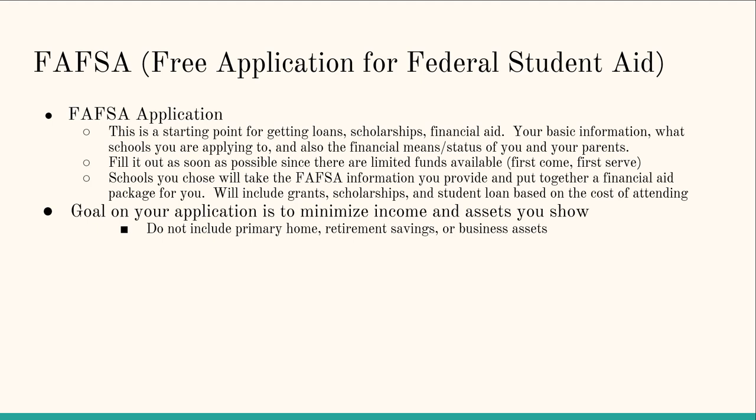If you listed it on your FAFSA, you'd have a higher amount of assets than you necessarily need to, because the rules of the FAFSA allow you to exclude these categories of assets: your primary home, any retirement savings like 401k or IRAs, and business assets.